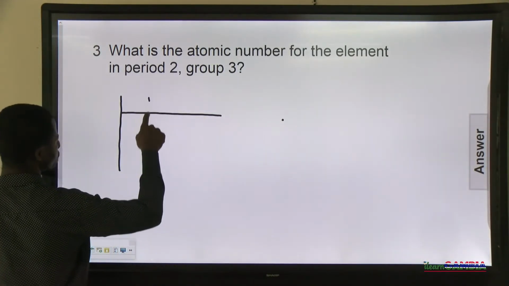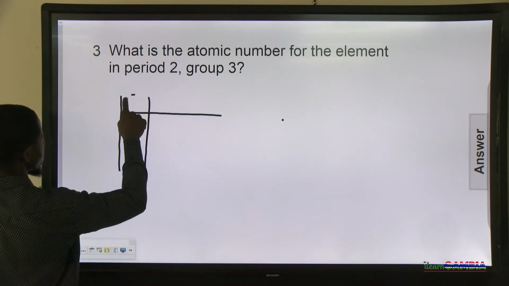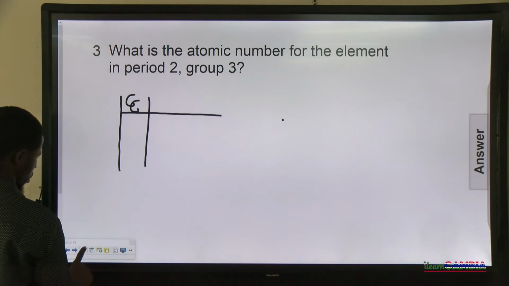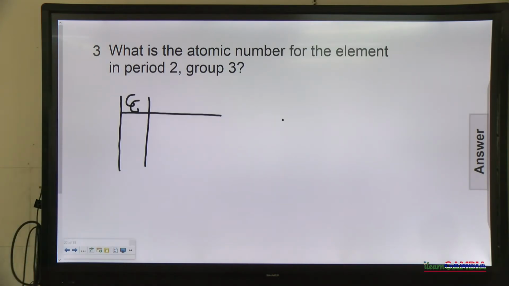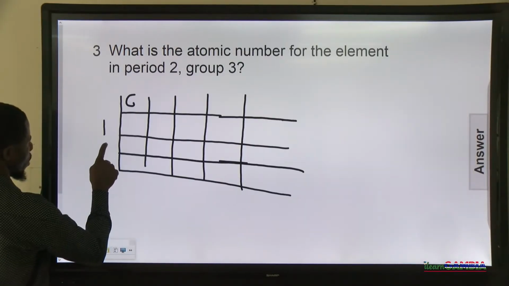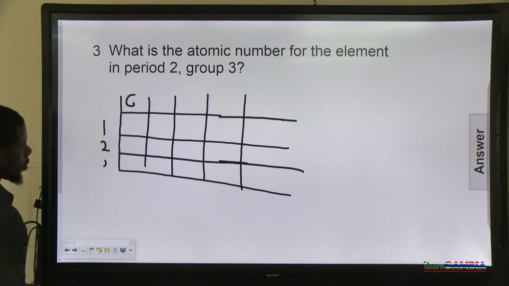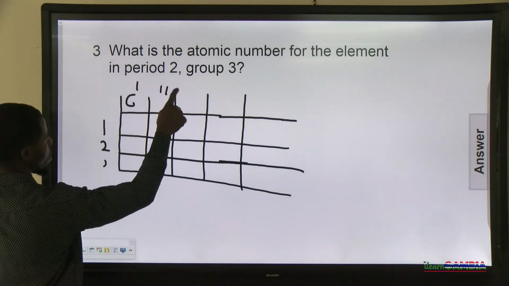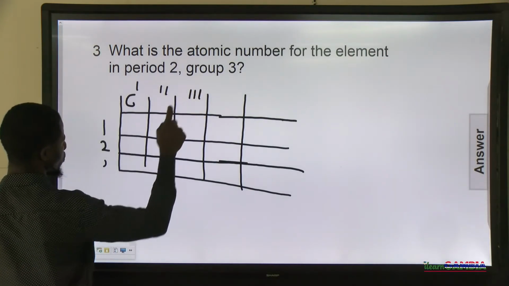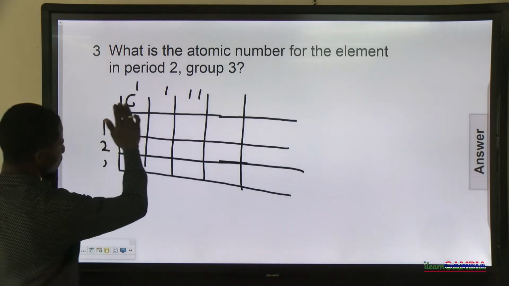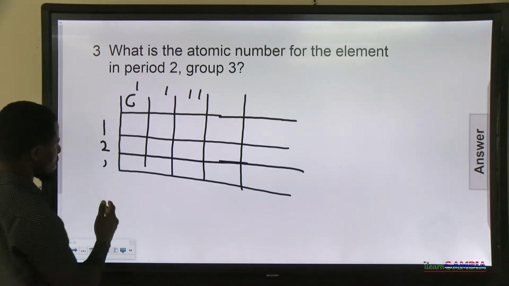Here we have group 1, and period 2 here. So this is group 1, group 2, and group 3. This is our periodic table here. We have these as the groups and these as the periods.